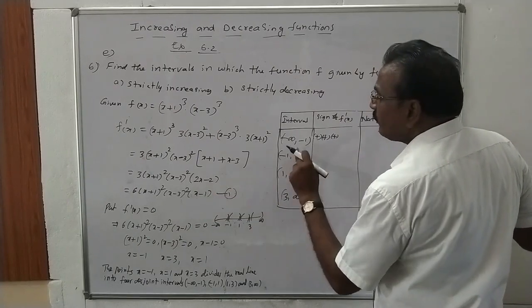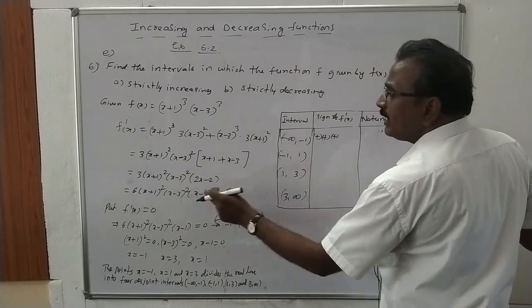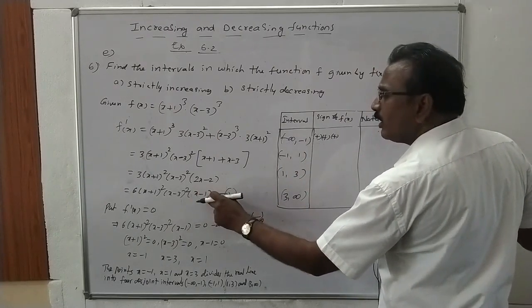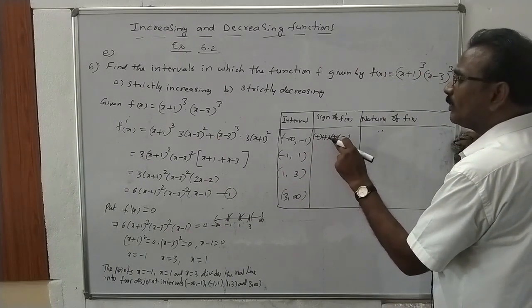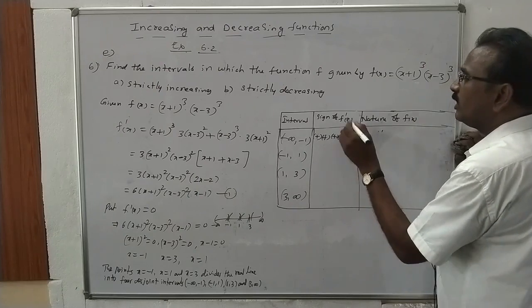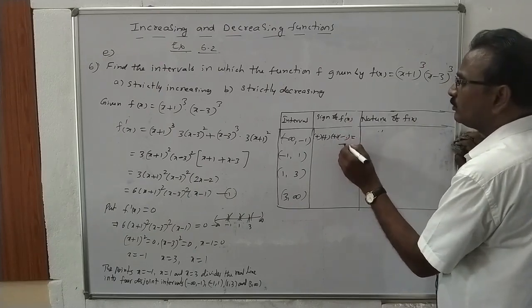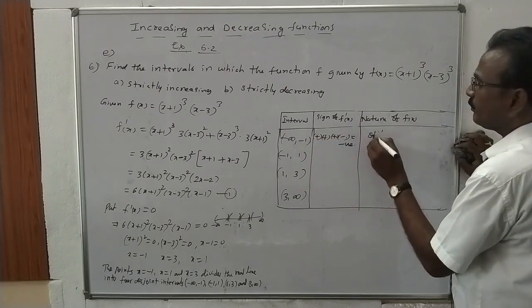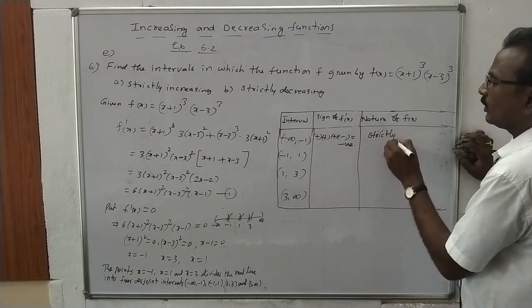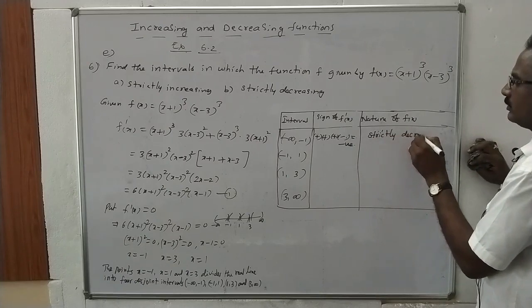X is between minus infinity and minus 1, x is negative, x minus 1 is always negative. So total plus into plus into plus into minus is minus, f dash x value is negative. So therefore in this interval it is strictly decreasing.